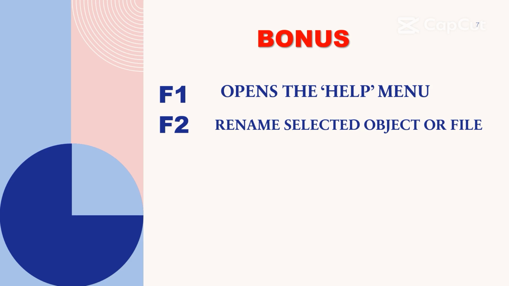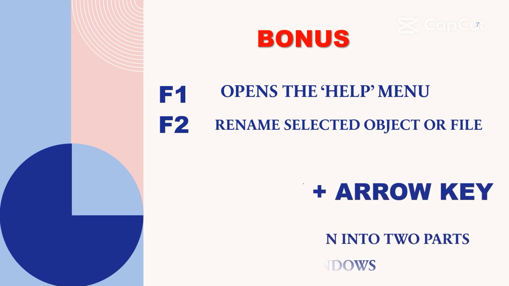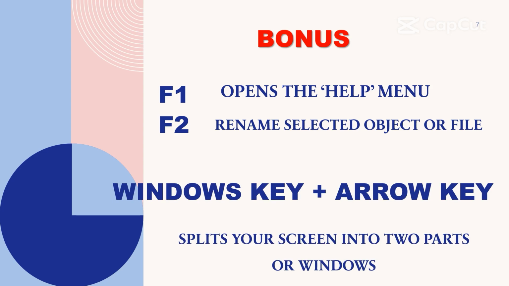Sometimes you might be working on a document or a project that needs you to split your screen or divide your screen into two, so that maybe you can be watching on the one side and then be updating on the other side. Now what you need to do is to press your Windows key.